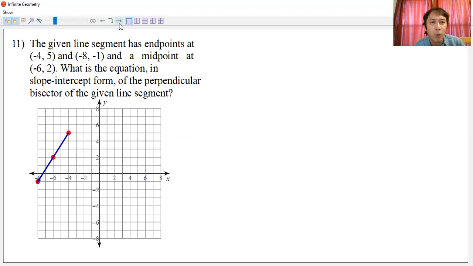What is the equation in slope-intercept form? We're required to write it. Y is equal to mx plus b, this is the slope-intercept form. What is the equation in slope-intercept form of the perpendicular bisector of the given line?